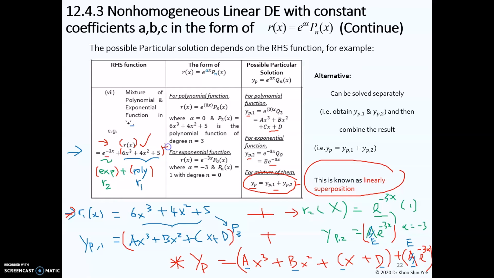What if you add another function to this? For example, you add sine pi x. So you have an additional R3 function in sine format. For the sine pi x, previously we learned the particular solution can be written into exponential format. In this case, the angle inside is pi x.